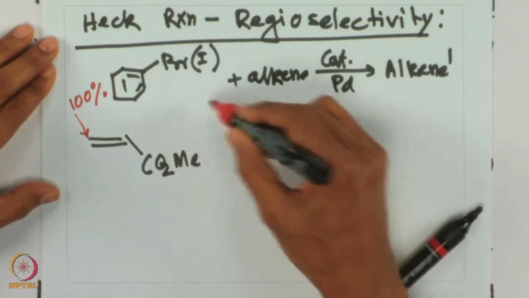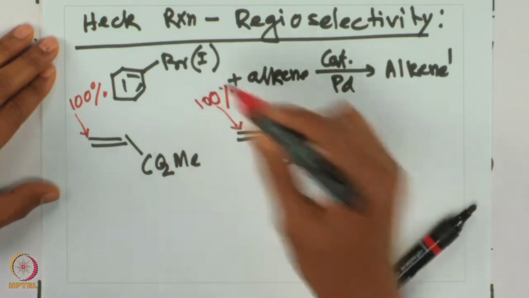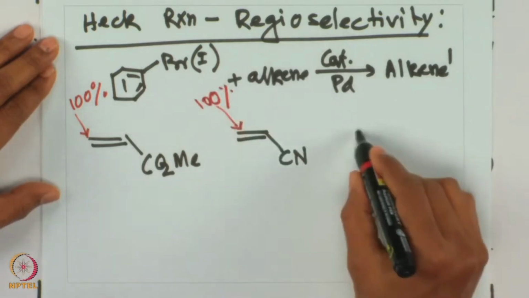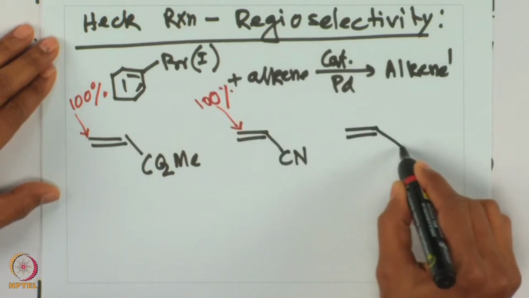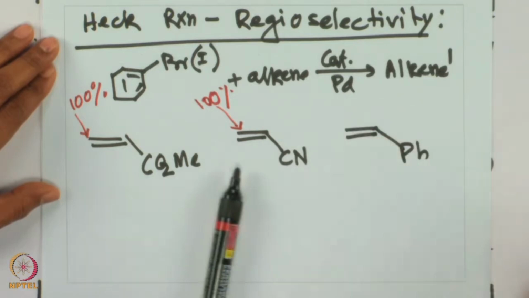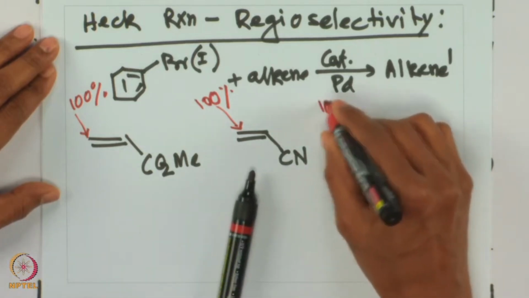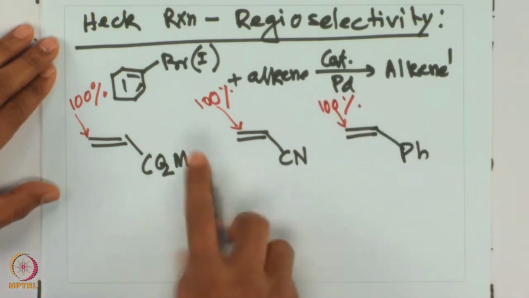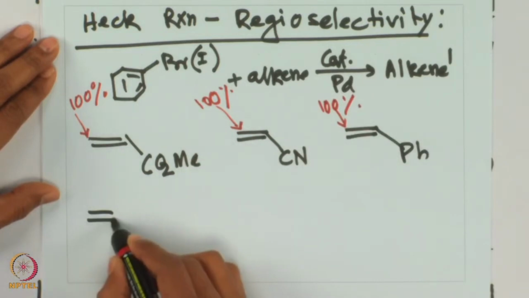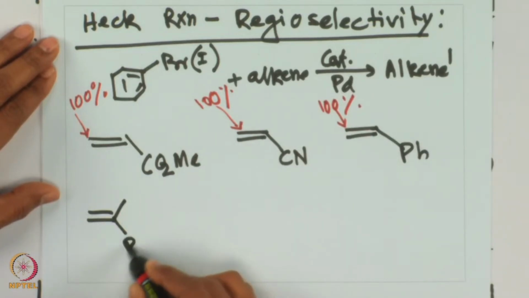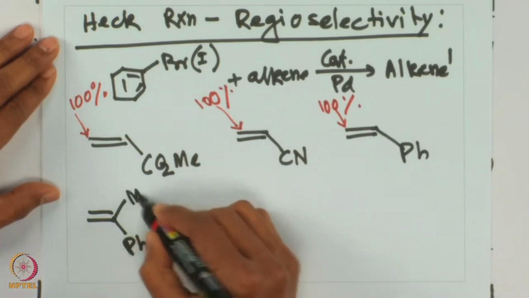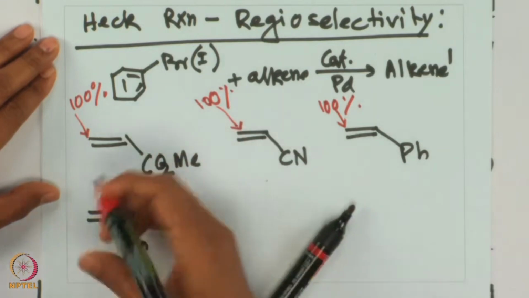Once again we get 100% regioselectivity. If you take styrene, once again you get a similar 100% selectivity at this end. Even if you take alpha methyl styrene, you will get the same thing over here.